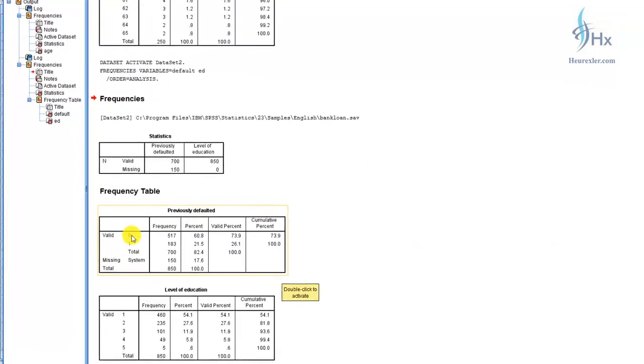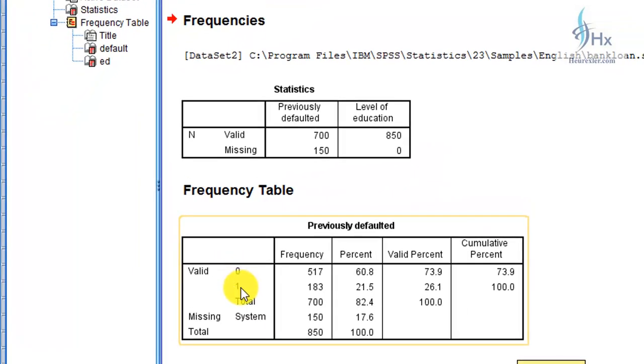Now the frequency table. For the first variable, that is the loan default, 0 means did not default, 1 means who defaulted. So there are 517 individuals out of 700 who did not default on their loan, while 183 individuals have defaulted on their loan.